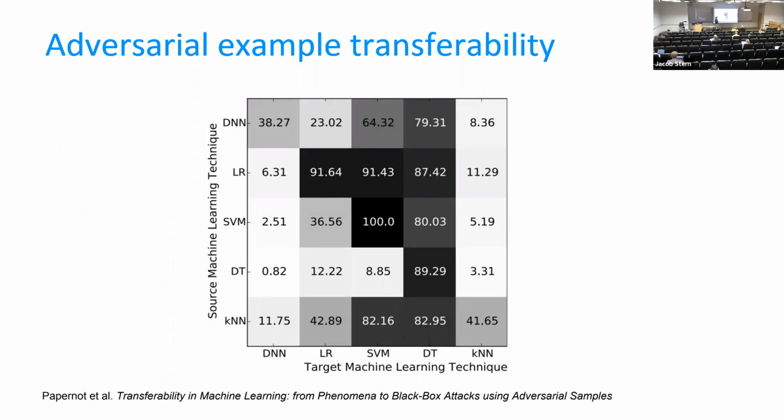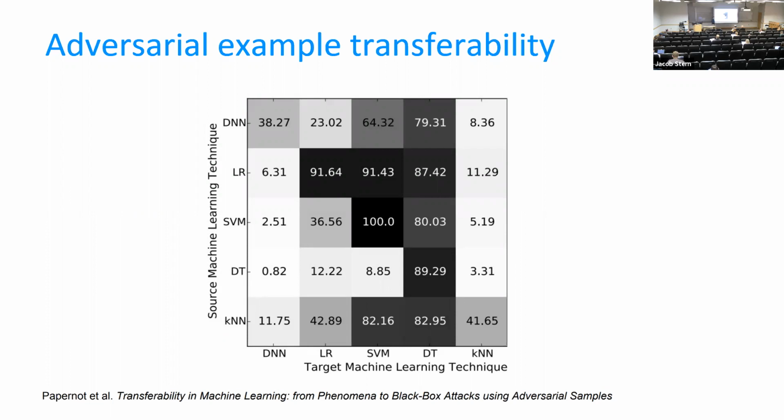And specifically, which models seem to be the most easily fooled, and which models seem to be the best at designing adversarial perturbations? And these are error rates, by the way.